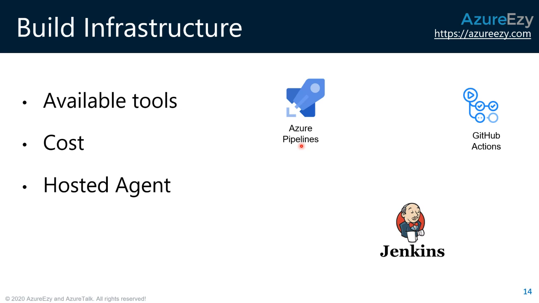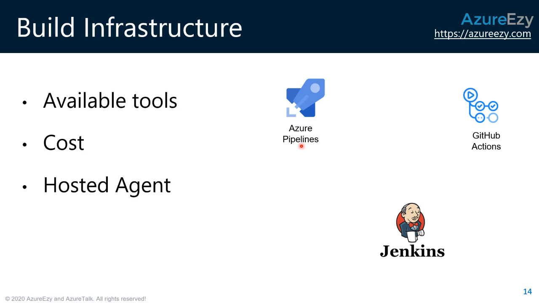Now, with Azure Pipelines, GitHub Actions, or Jenkins, except Jenkins, you will have the option of a hosted agent. What is a hosted agent? When you are running your build pipeline, it must be running on a server, on a computer, on a virtual machine.